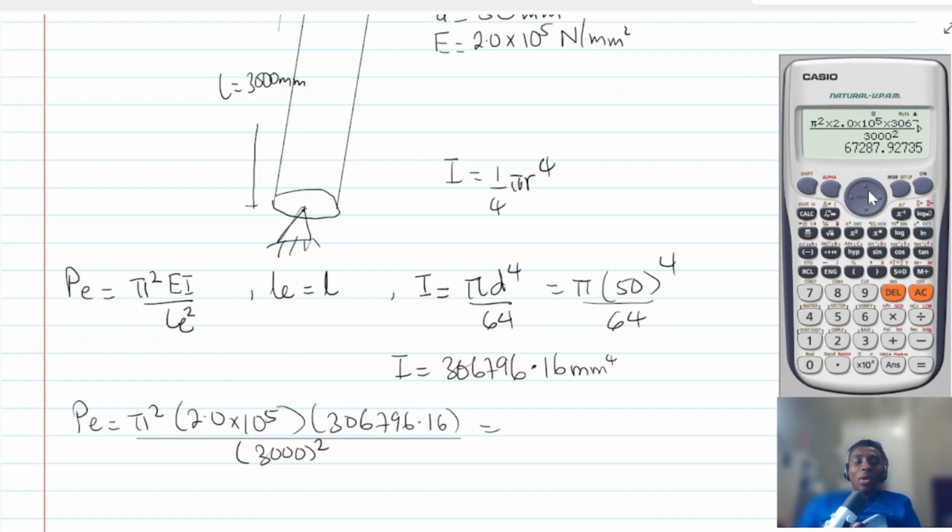Basically the Euler load is going to be 67.3 kilonewtons, thereabout. So 67.3 kilonewtons. That is the Euler load for you.